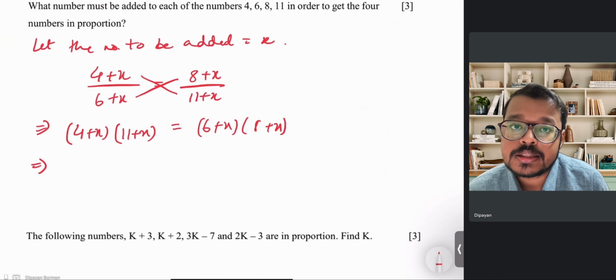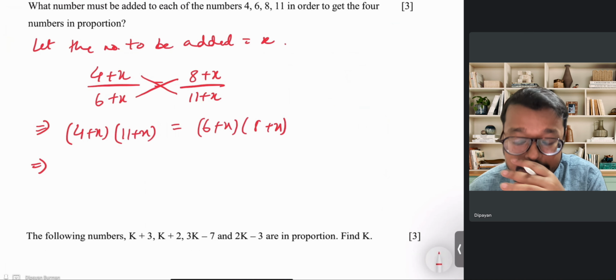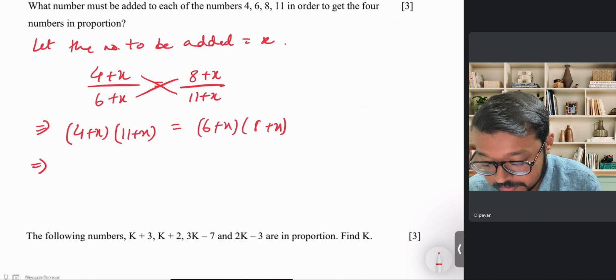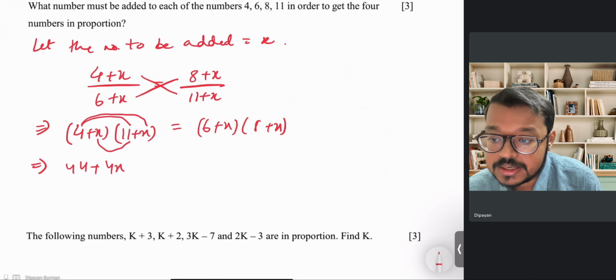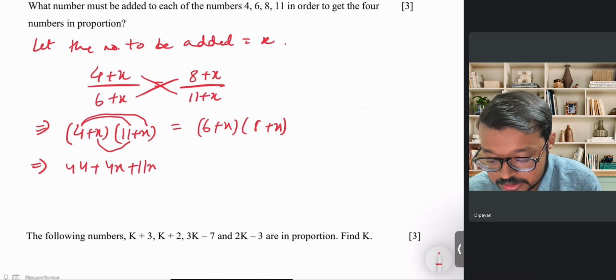Now let's multiply these two sides carefully. We have 4 into 11, 44, plus 4 into x is 4x, 11 into x is 11x, and x into x is x square.